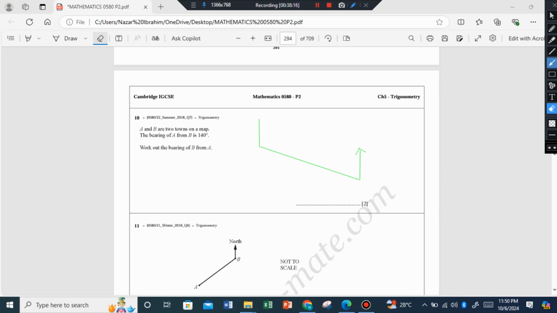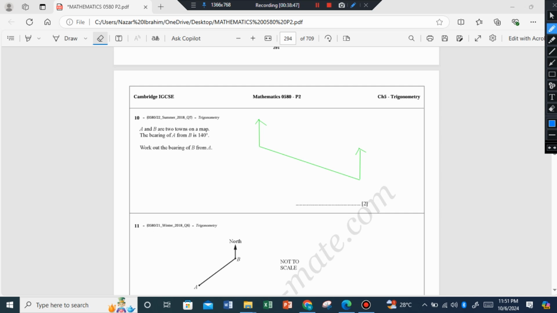And the reason I'm keeping it north is that the bearing is taken from the north direction. The question is saying that A and B are towns on a map. The bearing of A from B is 140. Now I have to decide which point to be taken as A and which point to be taken as B. This should be decided by me, right?